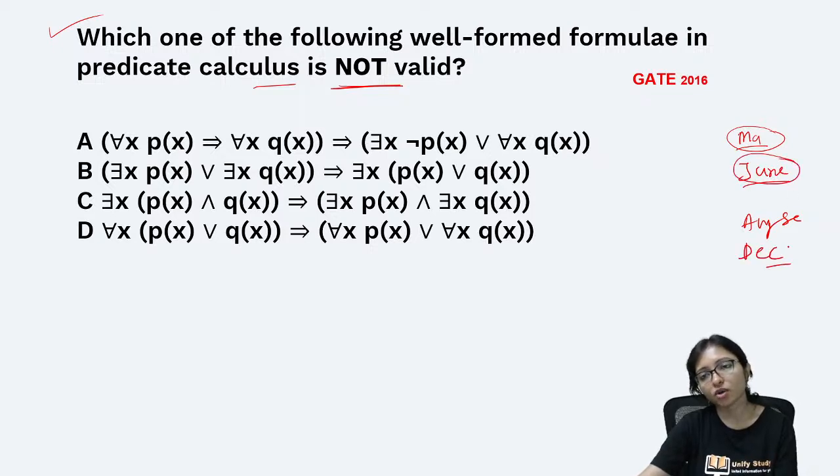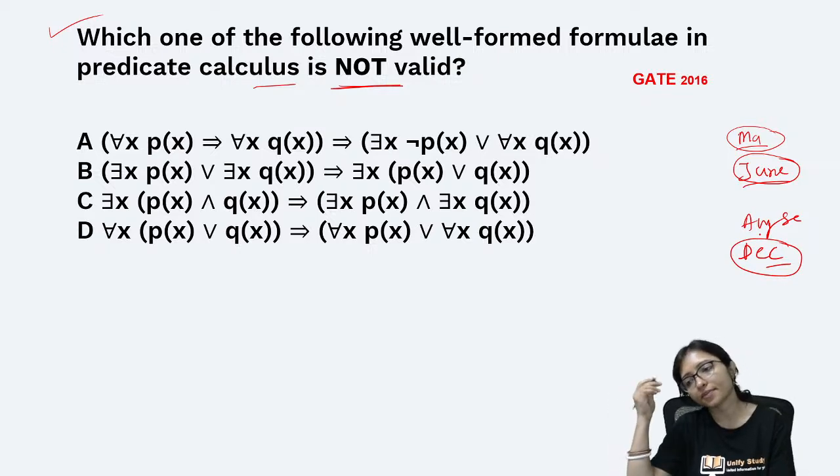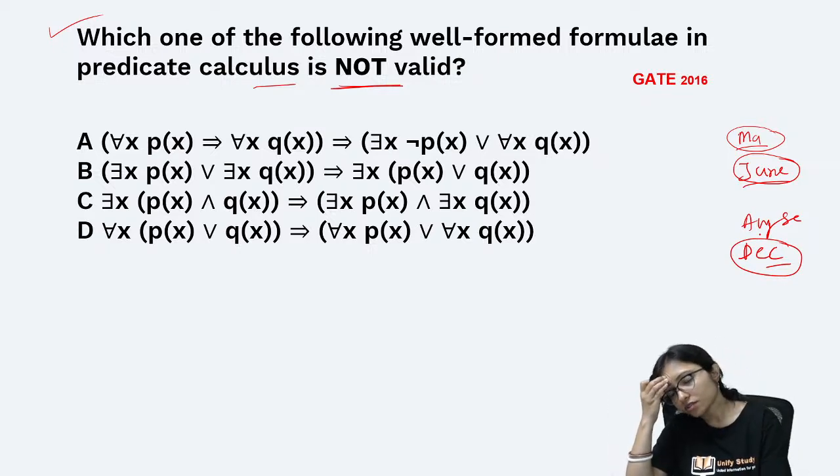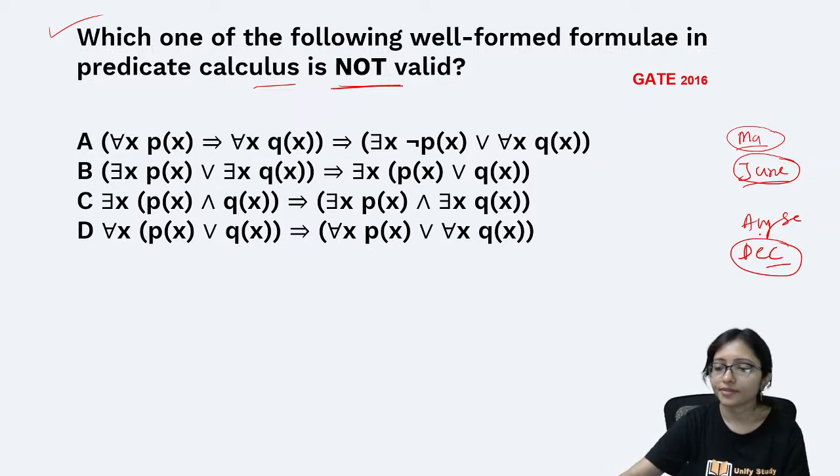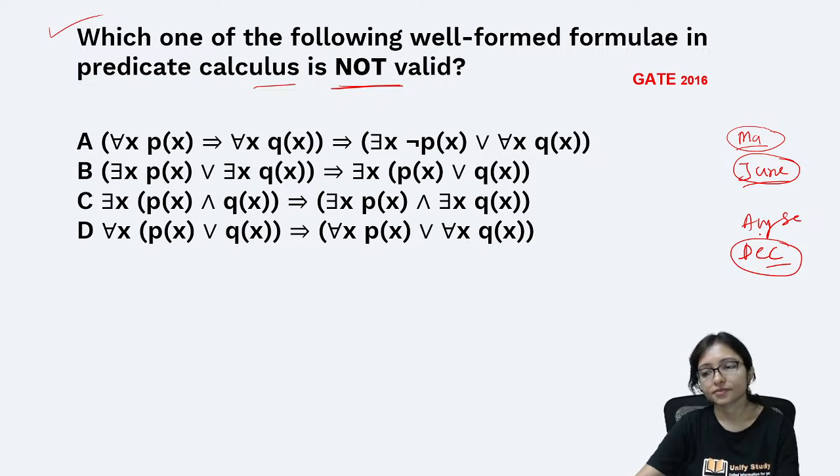PhD entrances also have two sessions, June and December. Normally they give the form at that time. What will be the answer? Which of the following well-formed formulas in predicate calculus is not valid?